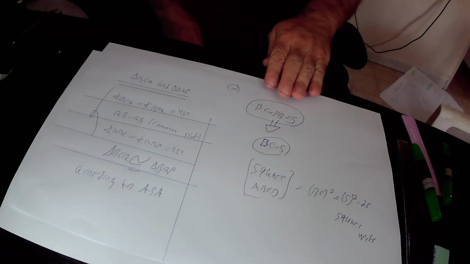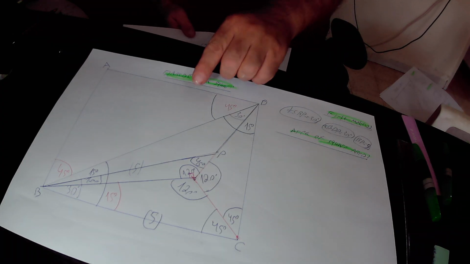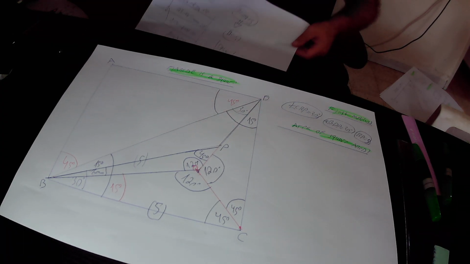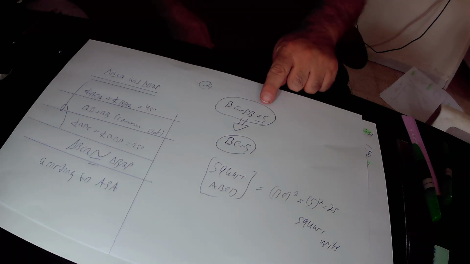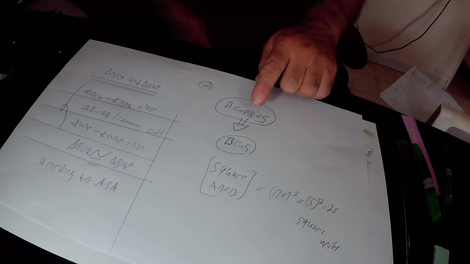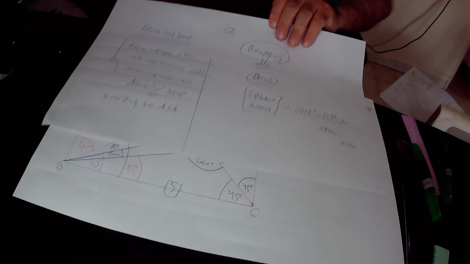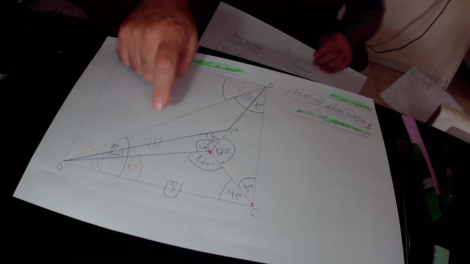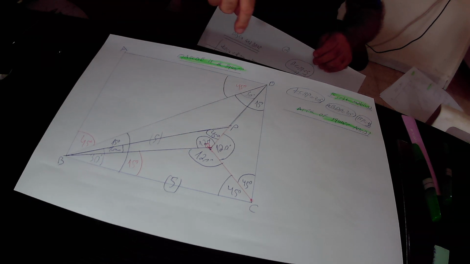So BC equals BP. But according to what is given, BP equals 5. So we can write here that BP equals 5, and therefore BC equals PB equals 5. We know that BC equals 5 units in its length. This is side BC that equals 5 units in its length. Our task is to find the area of the square ABCD.